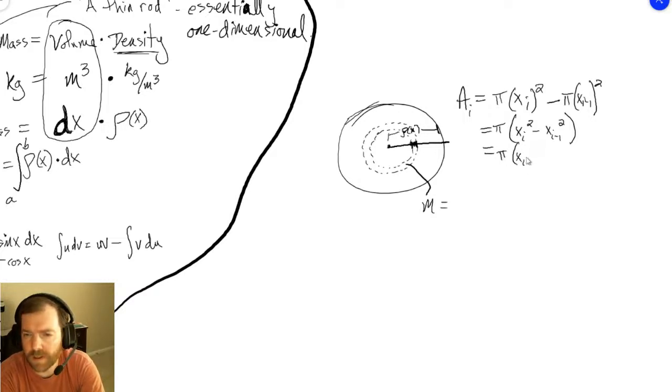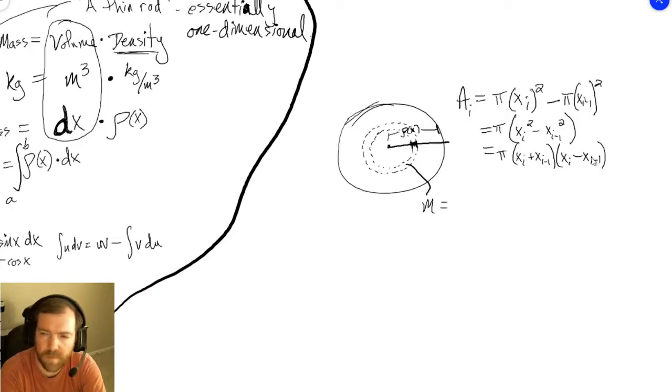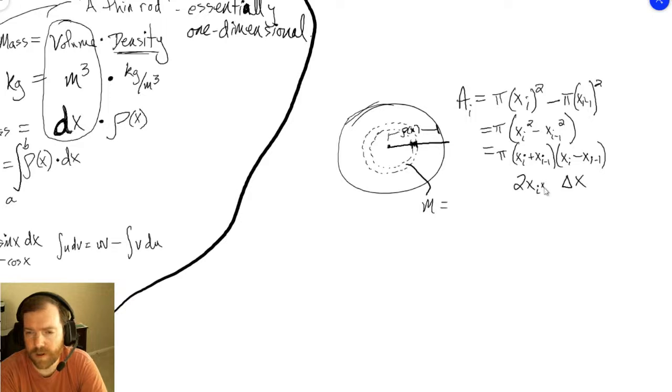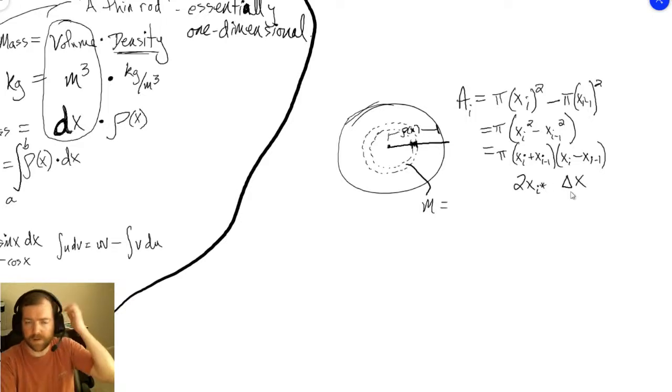This was then x sub i plus x sub i minus 1 times x sub i minus x sub i minus 1. x sub i minus x sub i minus 1 is delta x. x sub i plus x sub i minus 1 is going to be really close to twice x sub i star.